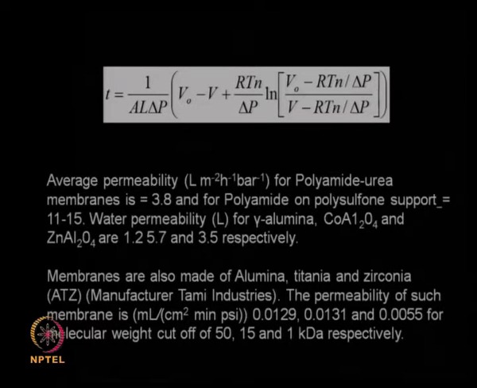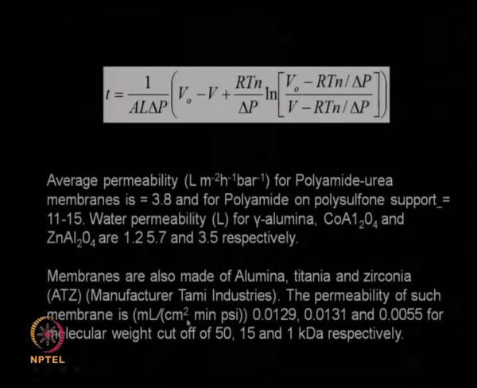We talked about so many polymeric materials: PVDF, polyethylene, polycarbonate, polyacrylamide, cellulose acetate and so on. We can also make membranes with inorganic materials, like alumina, titania and zirconia. There are companies which manufacture this type of membranes, TAMI Industries.